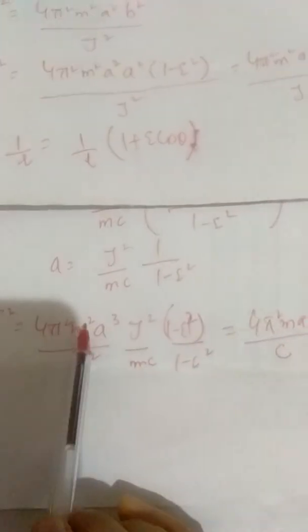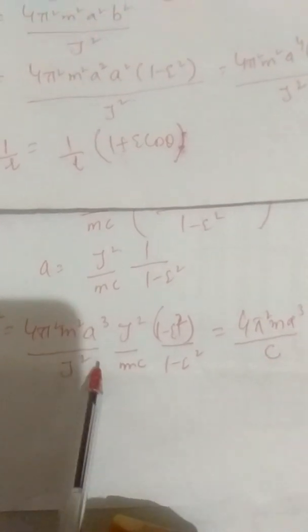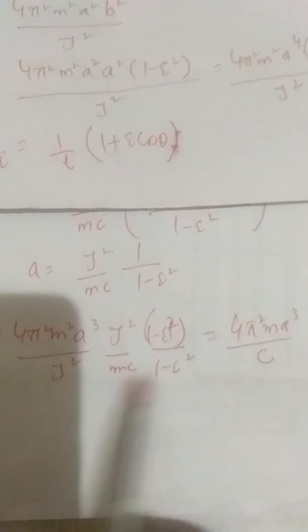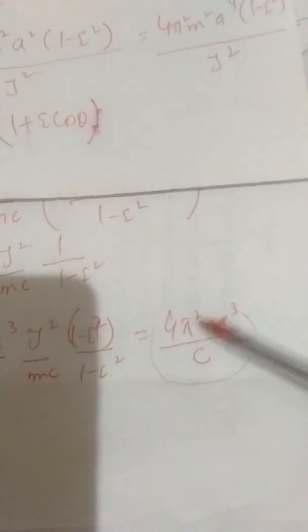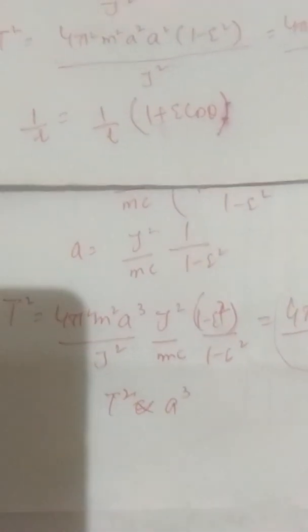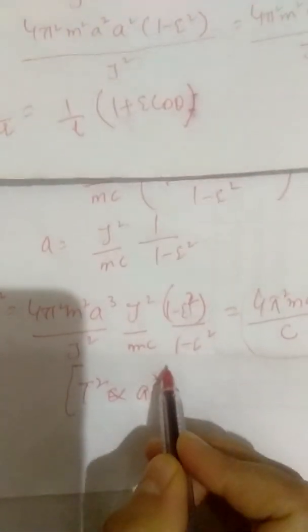You are left with 4 pi square only. J square goes with this, and 1 minus epsilon square goes with this. So you are left with this term only. In this term, you can find that 4 pi m C are all constants. So the square of the time period of revolution of the planet around the sun is actually proportional to the cube of the semi-major axis, right? So this is all about Kepler's third law of planetary motion.